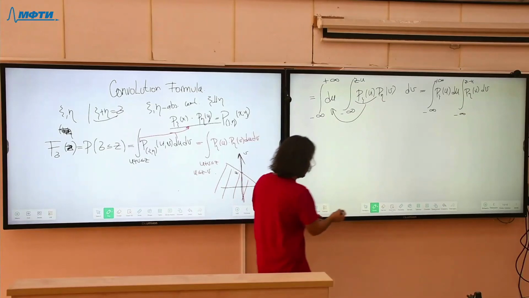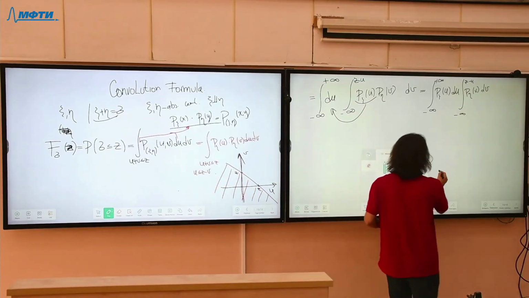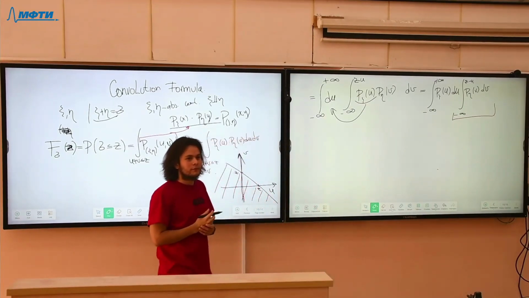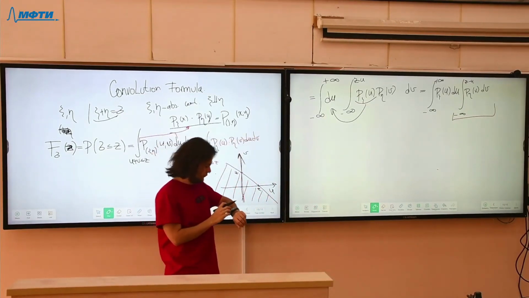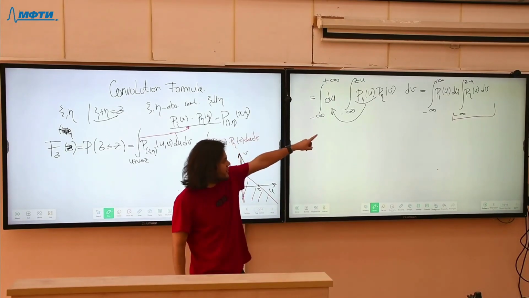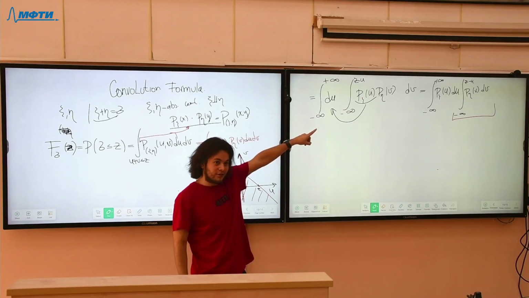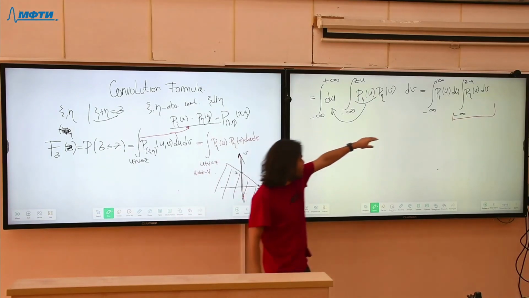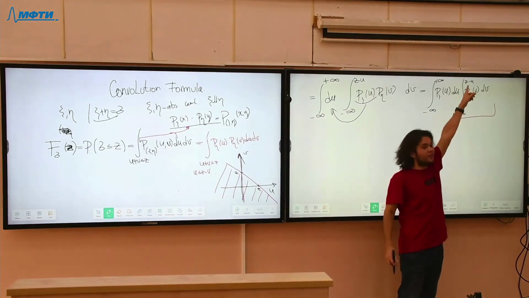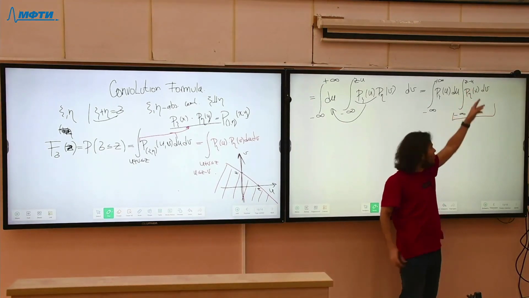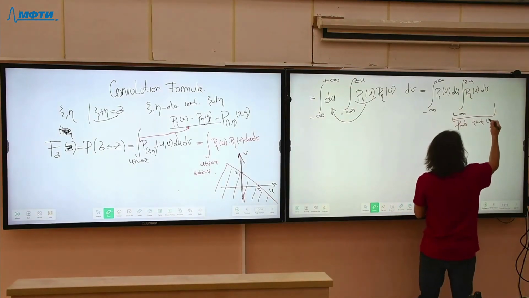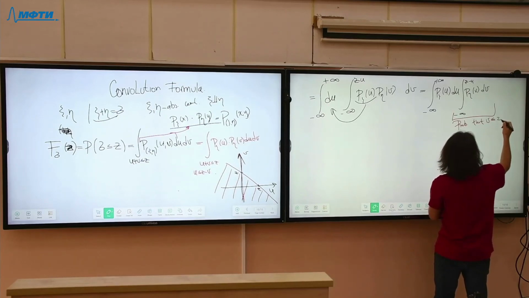What is this? This is the probability that theta is less or equal than z minus u. We have the density of theta, and we are finding the integral from minus infinity to this number.